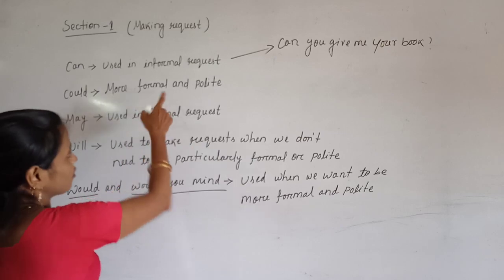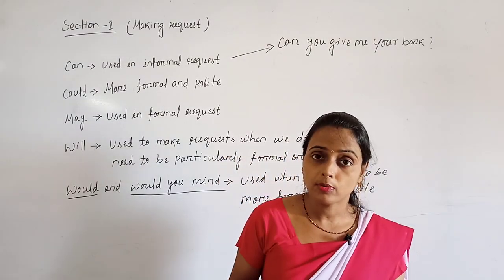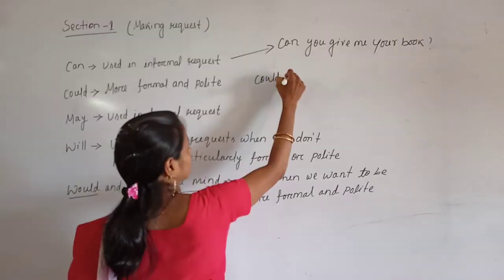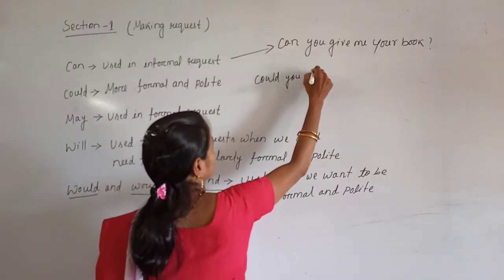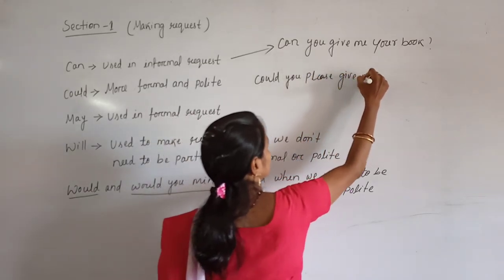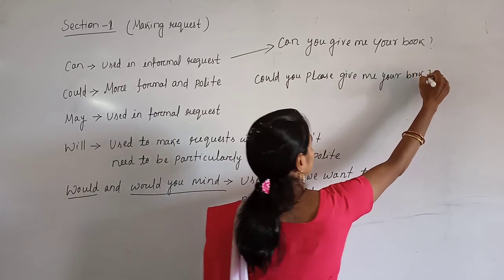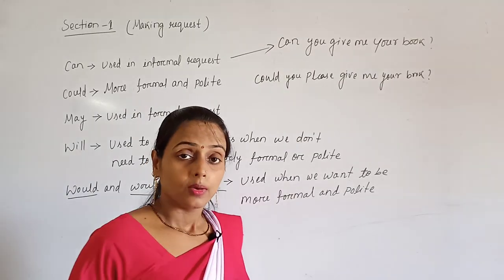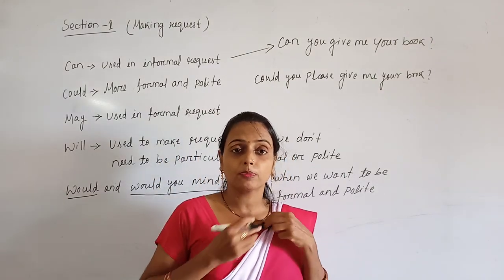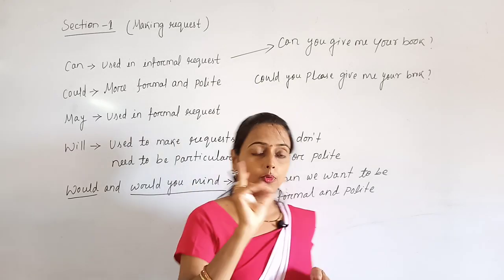Could is more formal and polite. Could you please give me your book? This is more formal, more polite, means you are expressing your politeness up to the limit, up to the extent. Understood now? So, your could is more formal and polite.